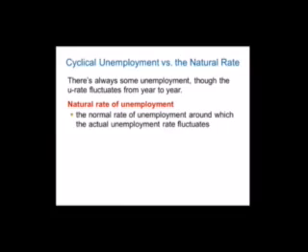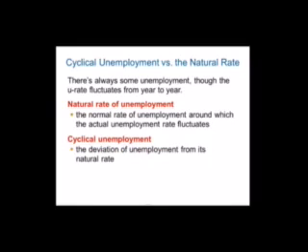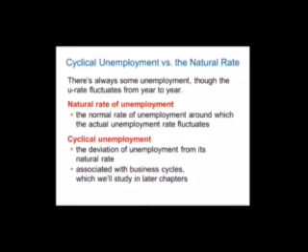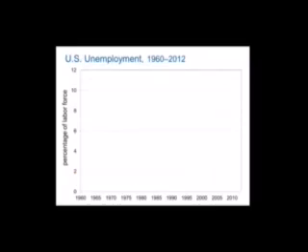So even if the economy is growing at tremendous speed and is wealthy, there is still some degree of unemployment, and that's called the natural rate of unemployment. Cyclical unemployment is any deviation from the natural rate of unemployment. This is associated with business cycles, and we will try to cover a little bit in chapter 30. If not, then you can learn it if you want to take more econ courses.